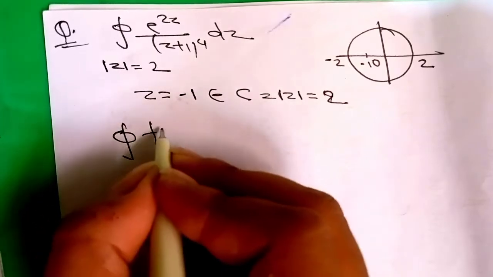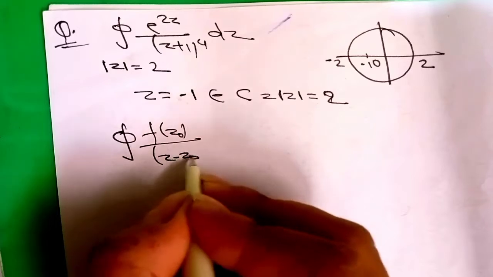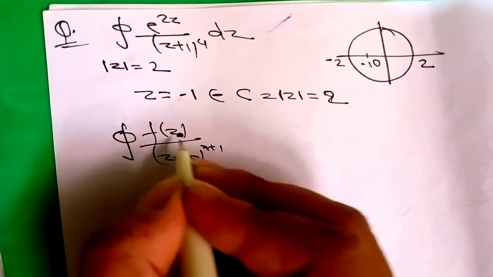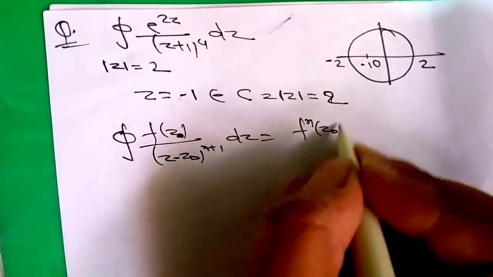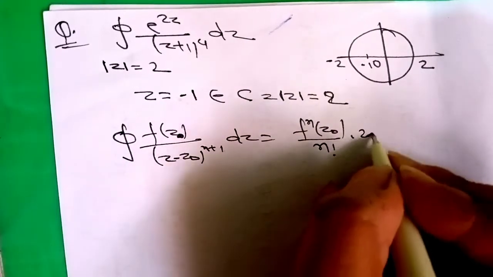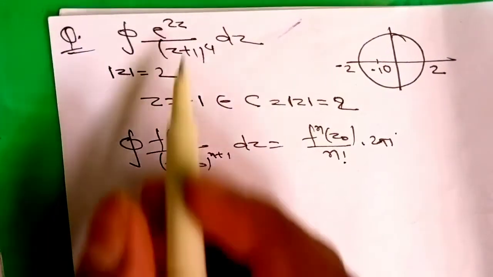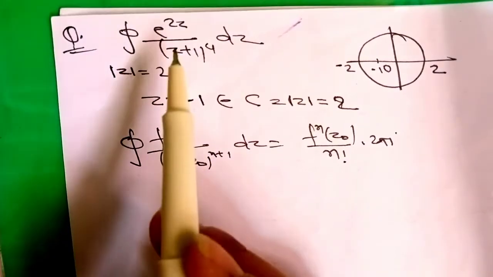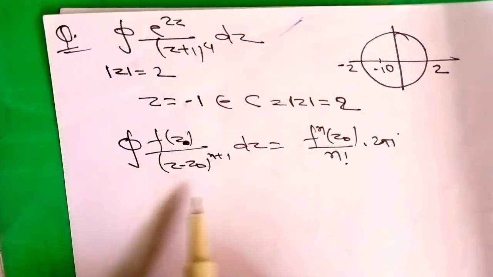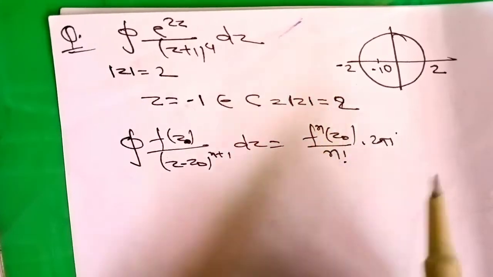Now according to the formula we can write: contour f(z) upon (z minus z naught) to the power n plus 1 dz is equal to f^n(z naught) upon n factorial times 2 pi i. Here f(z) is e^(2z), already in the form of f(z), and this is (z minus z naught) to the power n plus 1.